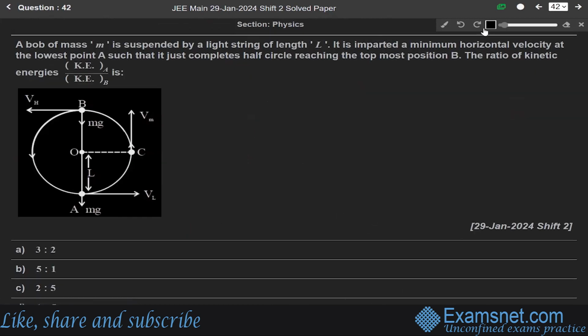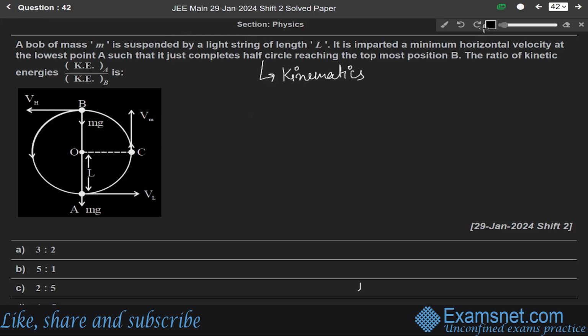Now next question. This question says, a bob of mass m is suspended by a light string of length L. It is imparted a minimum horizontal velocity at the lowest point A such that it just completes half a circle reaching the topmost point B. The ratio of kinetic energy... So this question is from the chapter of circular motion.